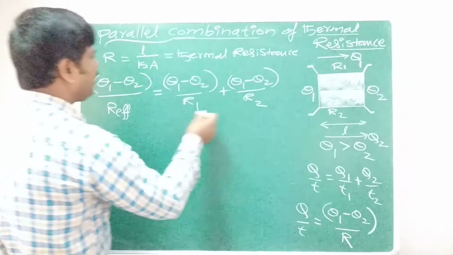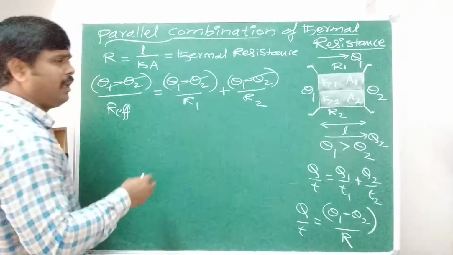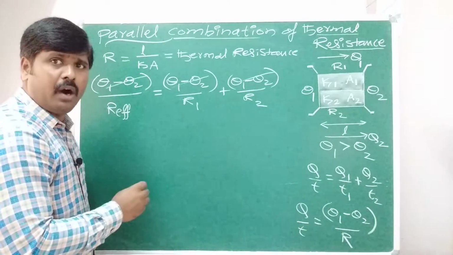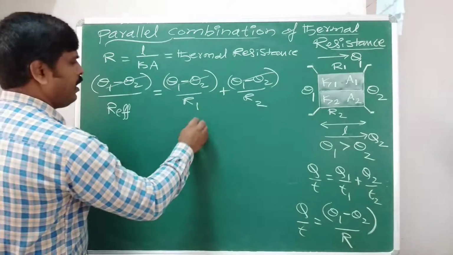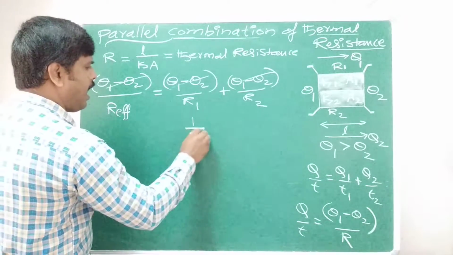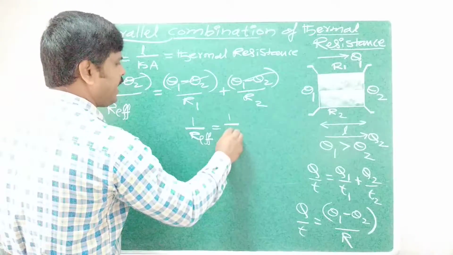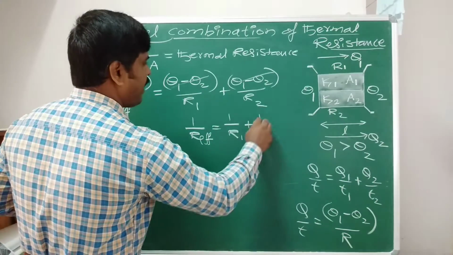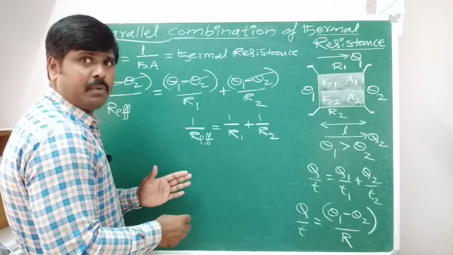The temperature difference is common and cancels on both sides, and the resultant equation is 1 by R effective equals 1 by R1 plus 1 by R2.